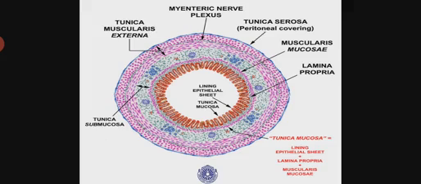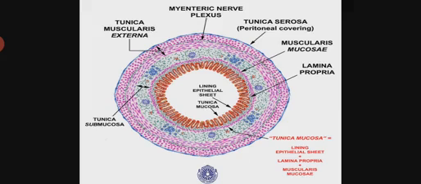And the next layer is what is known as tunica submucosa. So it is a layer which comes after muscularis externa, and next to which it will have a layer called muscularis mucosae. It is also referred to as muscularis interna, and this will also have two types of layers.